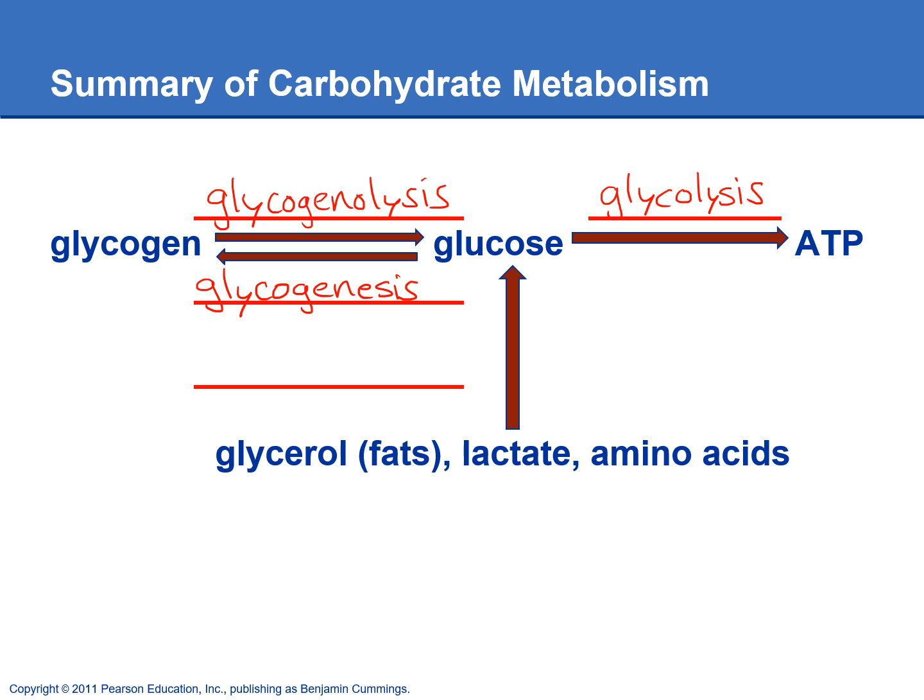Okay, and this last one on the bottom, we've got some non-carbohydrate things. We've got glycerol coming from your triglycerides or fats. You've got lactate or lactic acid from fermentation, and you've got amino acids from proteins, and we can take these things that are not carbohydrates and we can make glucose from that. Okay, and that is called gluconeogenesis.